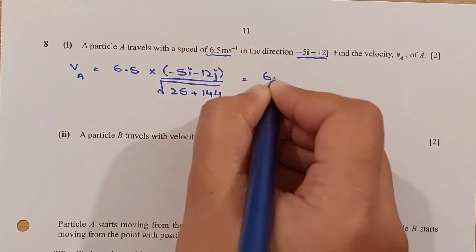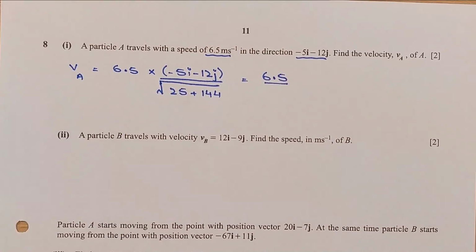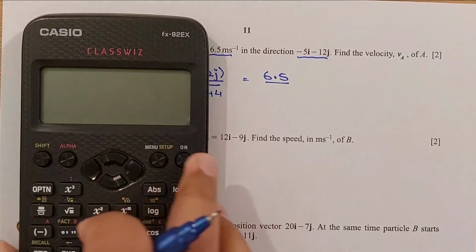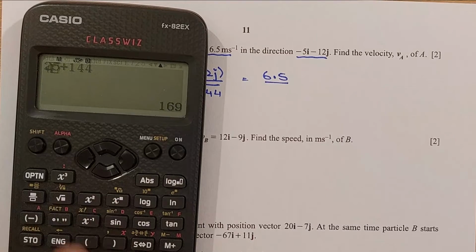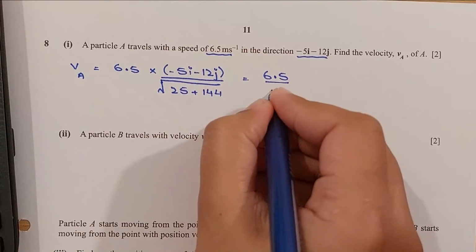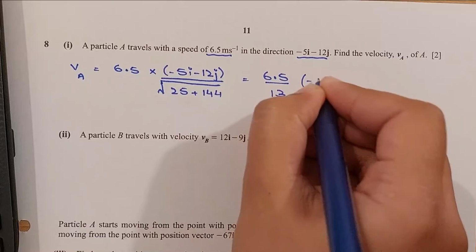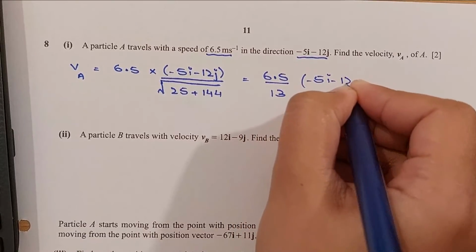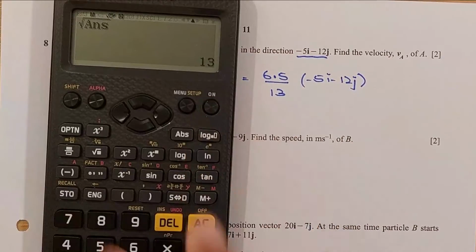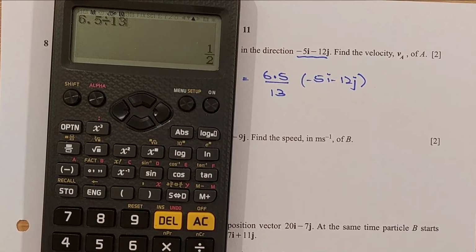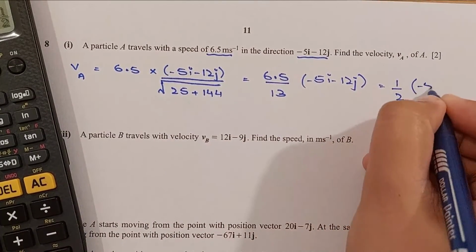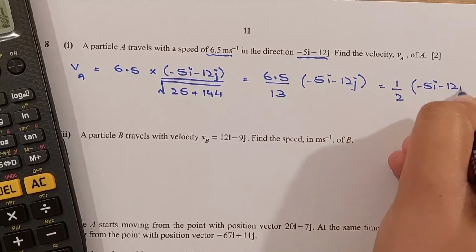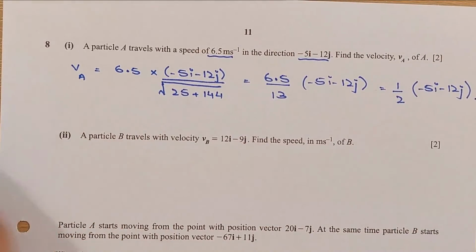So this is 6.5 over, okay, 25 plus 144, this is 169 and the square root is 13. Yes. 6.5 over 13 into minus 5i minus 12j. 6.5 divided by 13 is 1 by 2. So this is 1 by 2 times minus 5i minus 12j. This is the velocity vector.